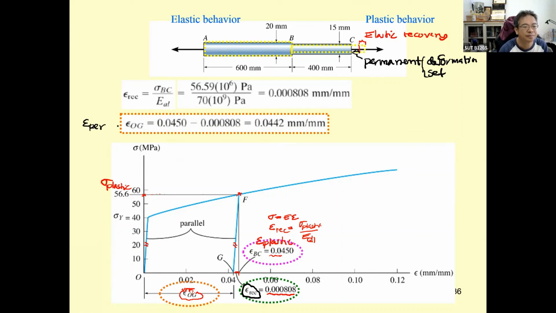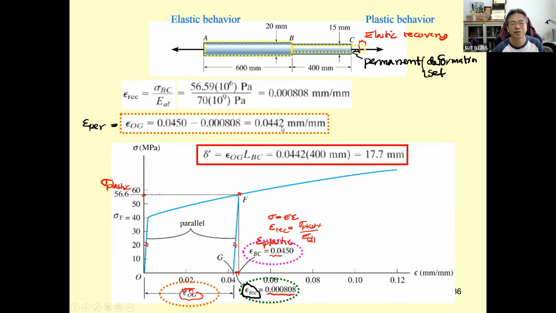The strain permanent equals 0.0442. Again, strain equals deformation over L, so deformation equals strain times L. So the permanent deformation is going to be 17.7 millimeter. Now the new length is going to be 600 plus 400 plus 17.7.